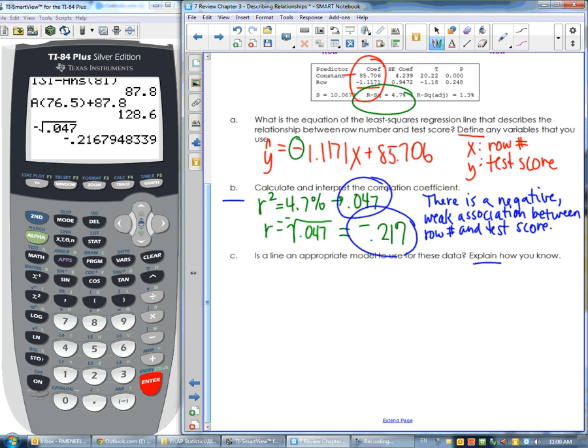I think that R squared is the area where most students struggle, so let me go ahead and just write out how I would explain whether or not the model was appropriate using R squared.